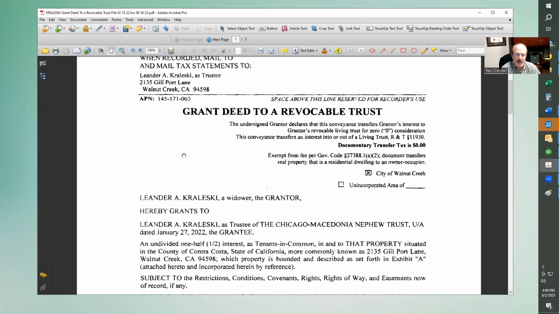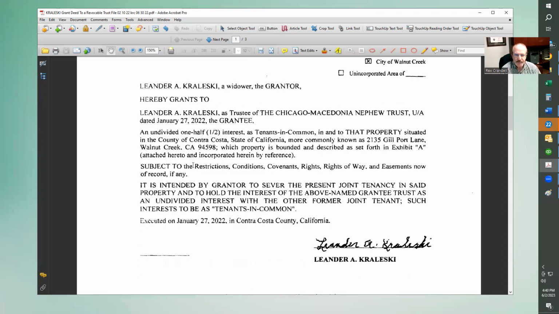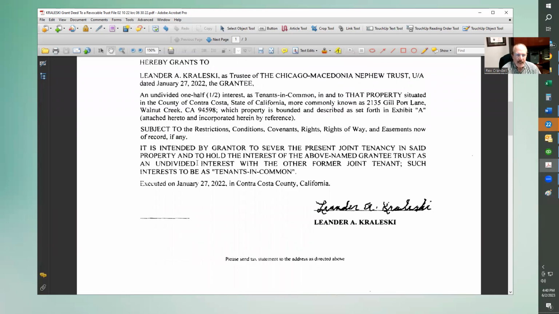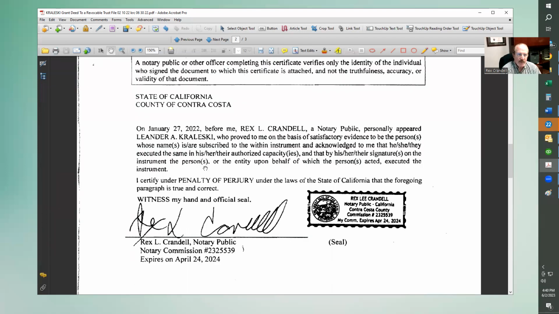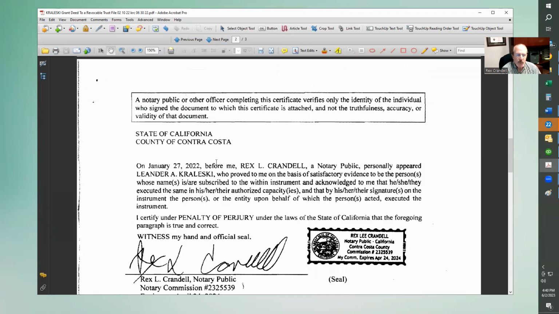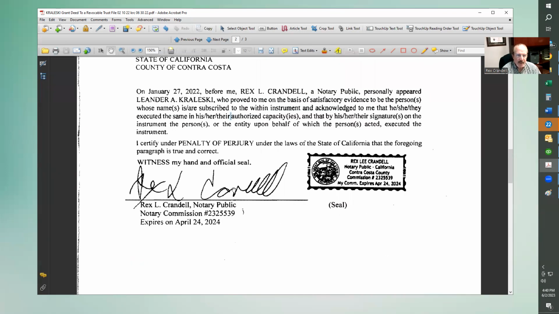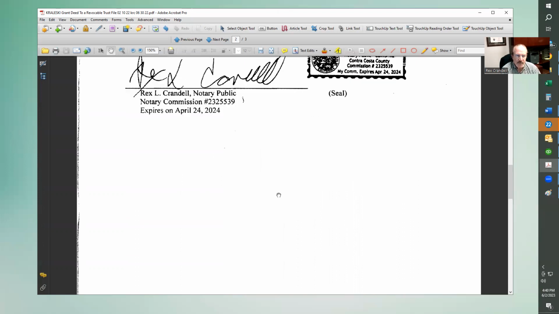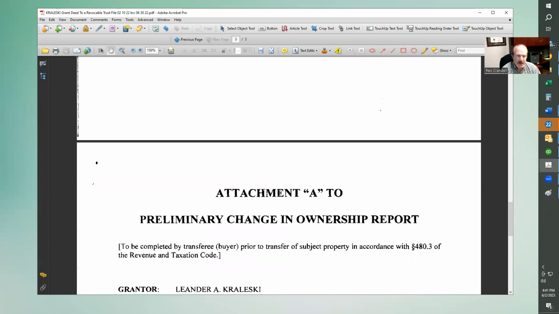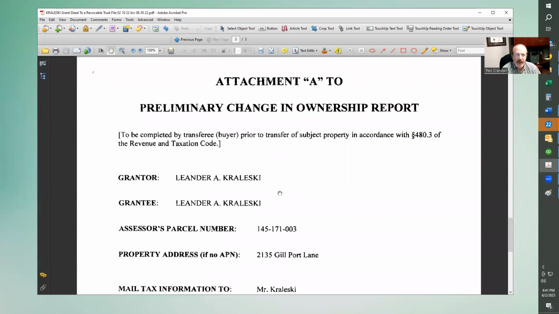You would take it from the last recorded deed. And then right after that, we need a notary to witness the deed, or you're not going to be able to get it recorded. So it says that this person saw the signer signing.